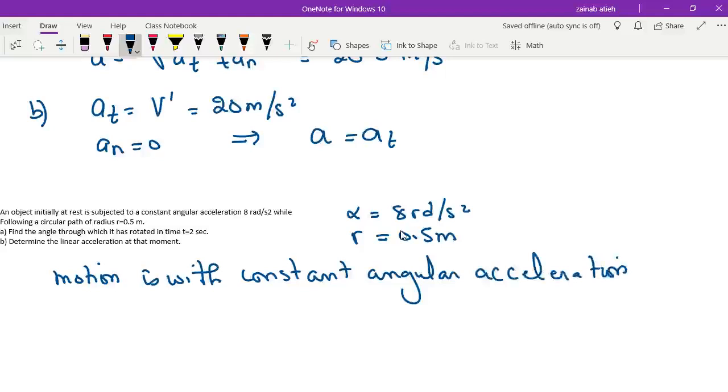There are 4 equations. So I will get theta equals half alpha t squared plus omega 0 t plus theta 0.